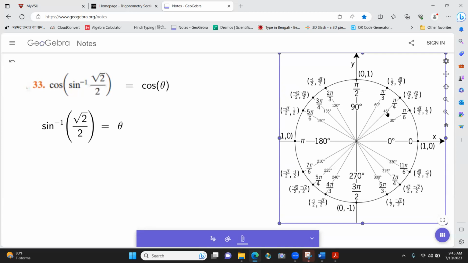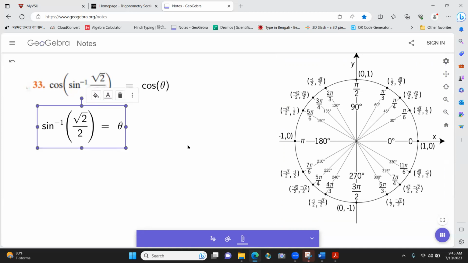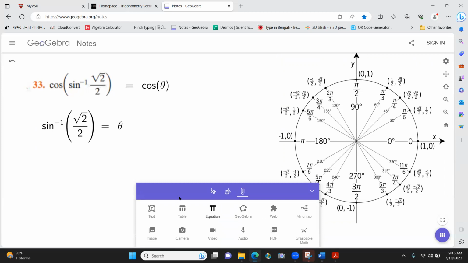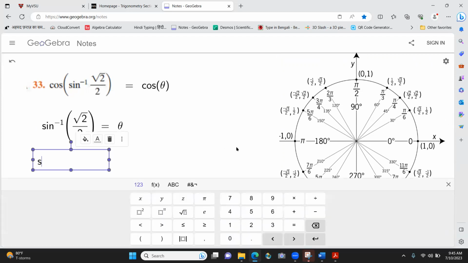I can say this means sine theta is equal to square root of 2 over 2.